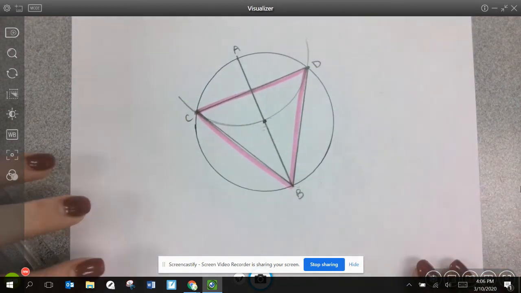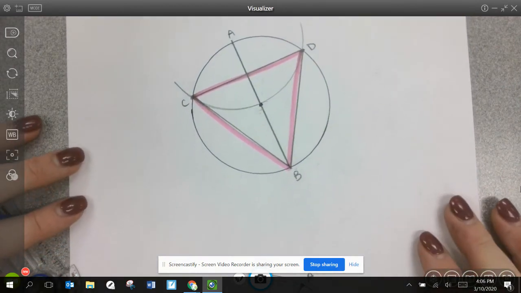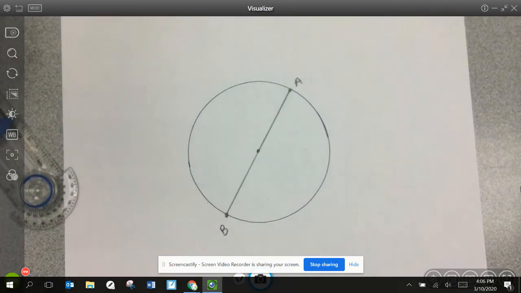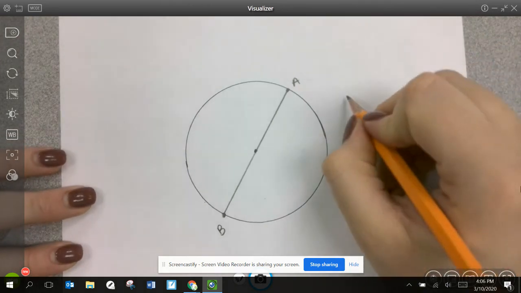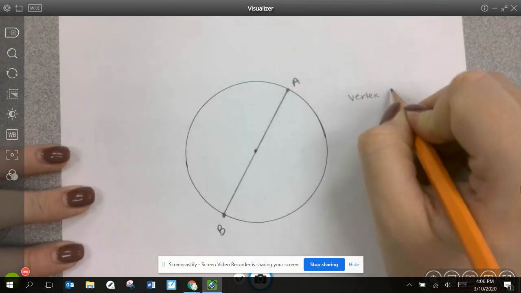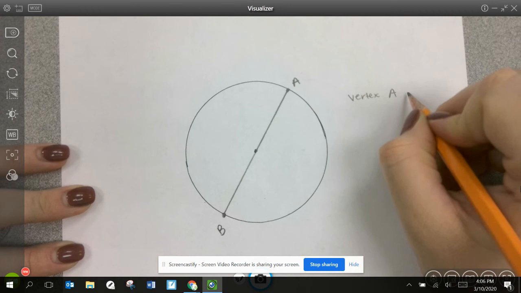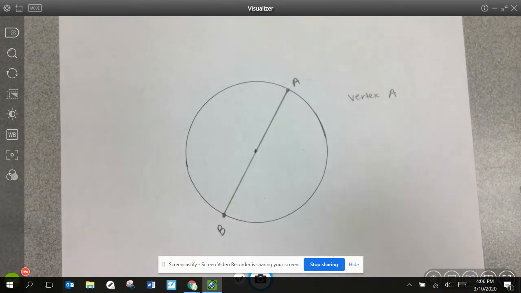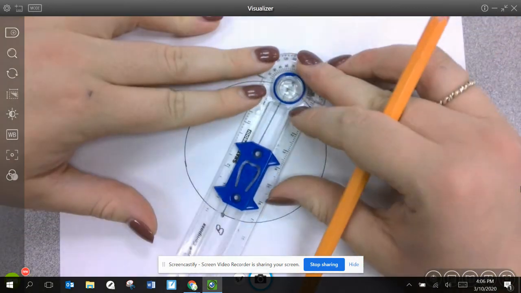Now, there's a common mistake here that I'd like to take a second and talk about. Let's say your question asked you to include a specific vertex for this triangle. Let's say that they tell you vertex A is part of your triangle. So when I'm trying to create a triangle, my first step would be to measure the radius.